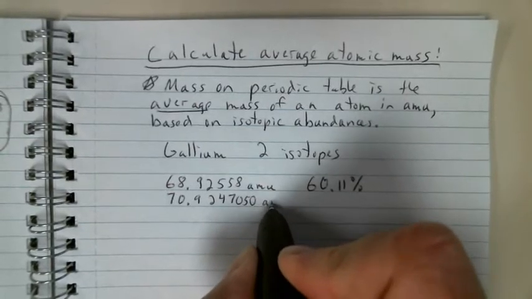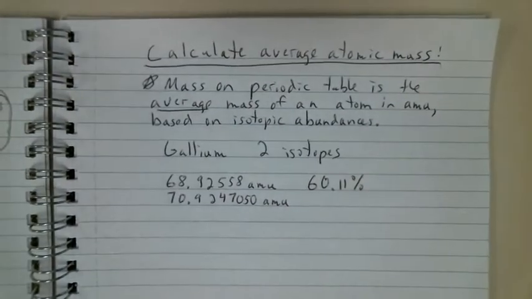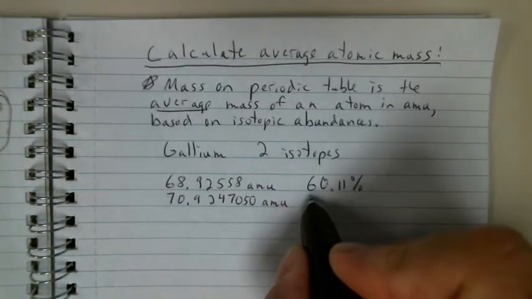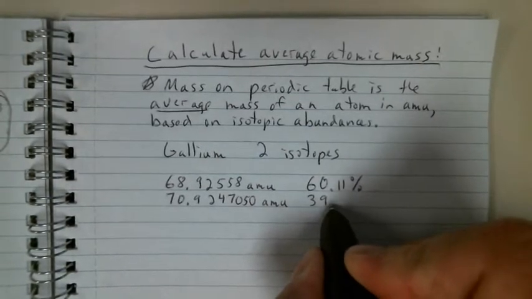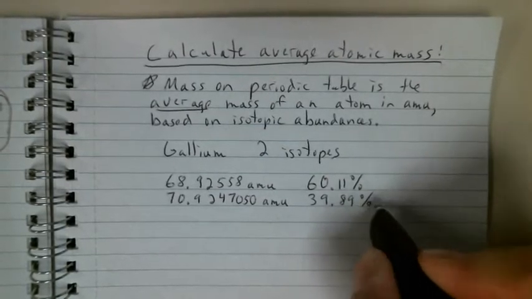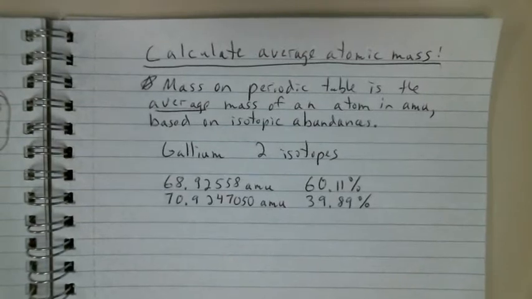It's amazing how accurately and precisely they can measure these isotope masses. And then, of course, that means the rest of that, since there's only 2, would add up to 39.89%. So those are the 2 isotopes.